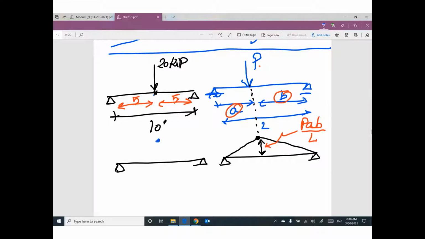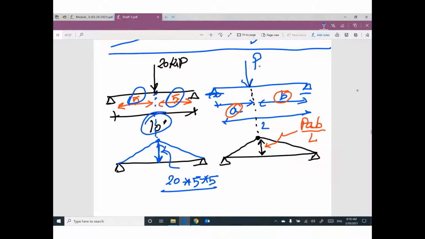The vertex of the triangle at mid-span underneath the load. Here is the triangle. Can you tell me what is the value of this moment? Yes, I can. The value of P, 20 kip, times distance A, 5 feet, times distance B, 5 feet, divide the total distance 10, your value will be 50 kip-foot.